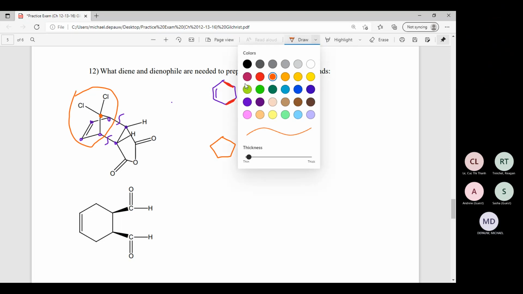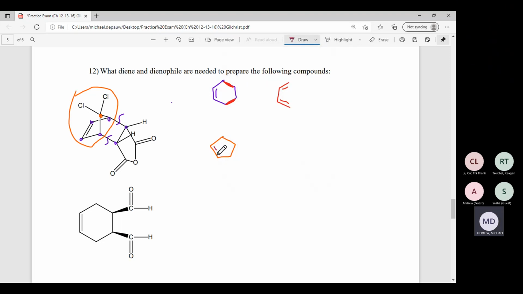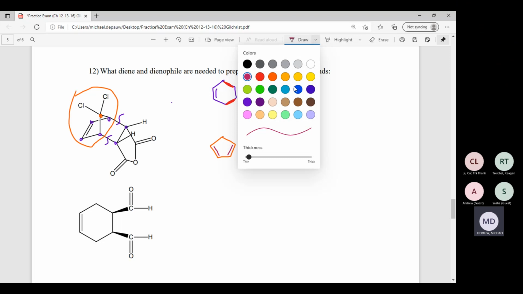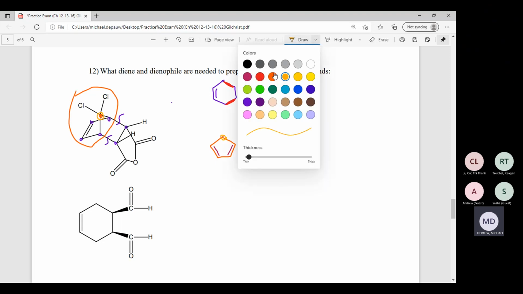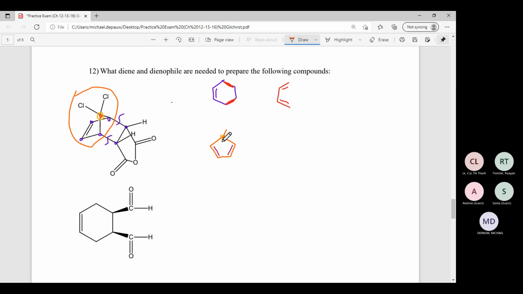So the double bonds should actually be here and here. And there's two chlorines attached. So just as a note, this carbon here is this carbon here, and so there's two chlorines attached to that carbon. It's the same group, so there's no stereochemistry. You don't have to worry about wedges and dashes. And that's one of your reactants.